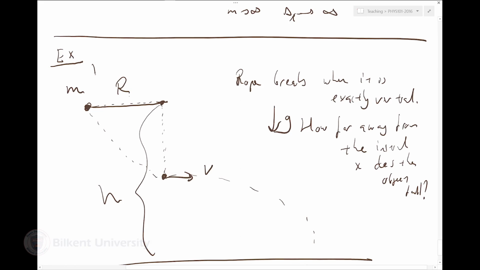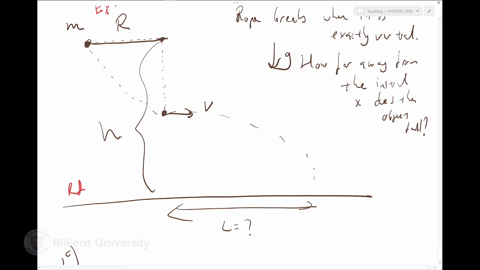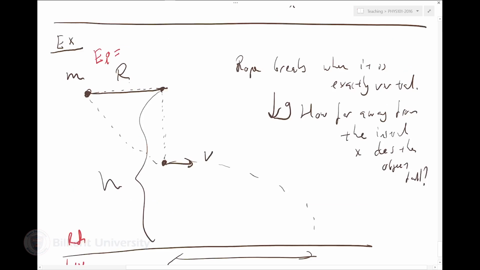So what is my initial energy? Let me solve this with another color. My initial energy is, I have no kinetic energy, and let me choose my reference level to be the floor.